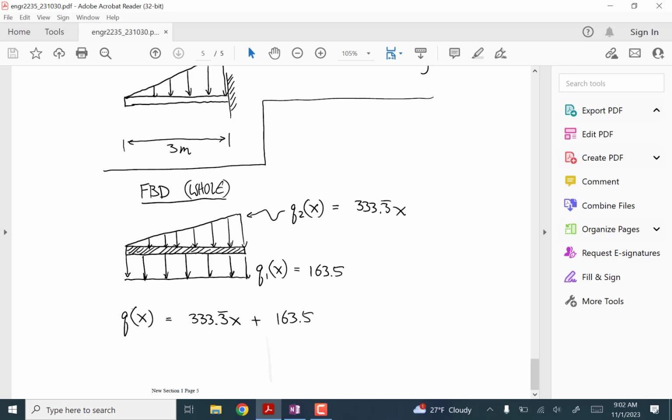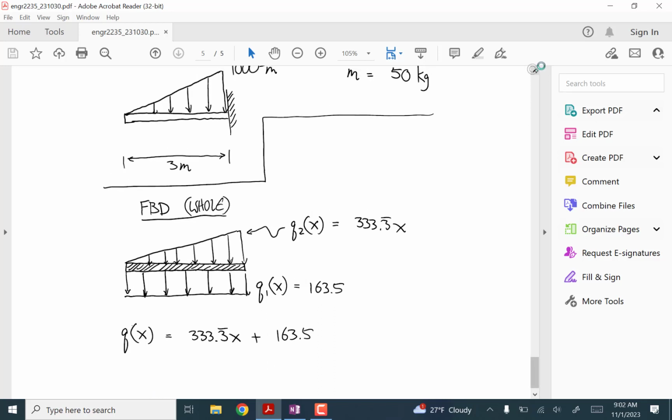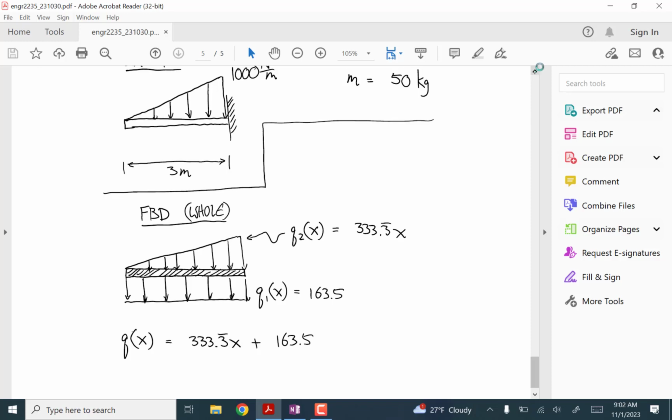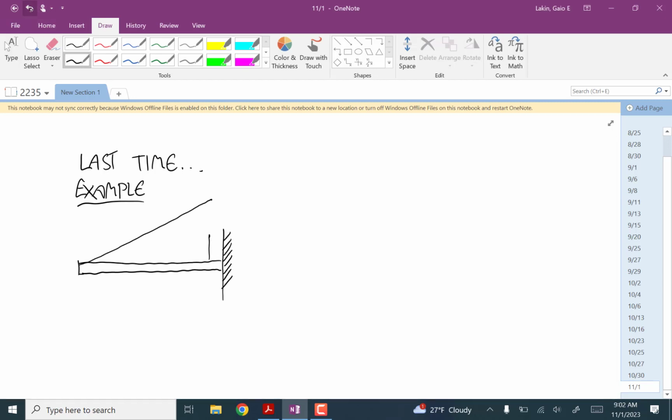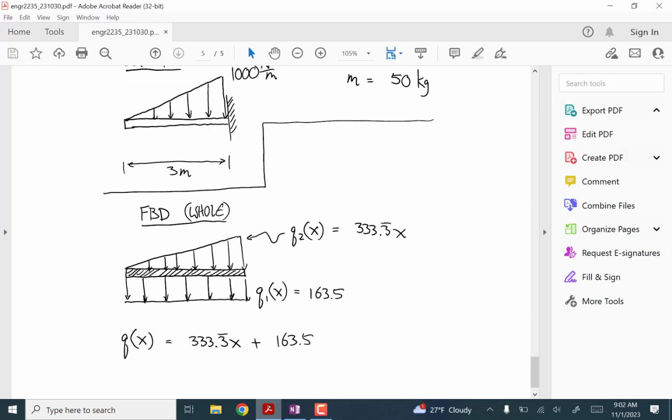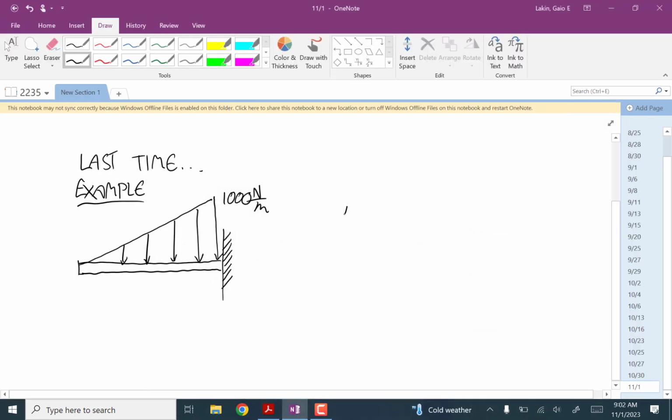It was 3 meters long. There was a distributed load of 1,000 newtons per meter on this side. And the mass was 50 kilograms.